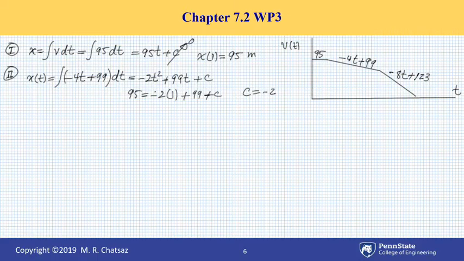Therefore, position as a function of time will be minus 2t squared plus 99t minus 2. So this is the position as a function of time for the second part of motion.